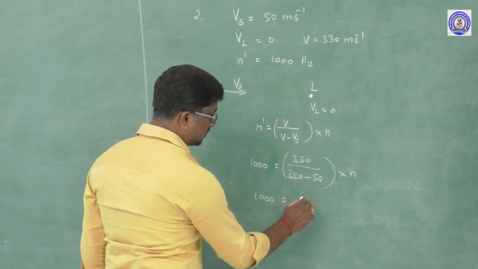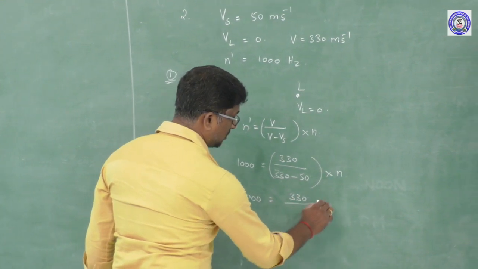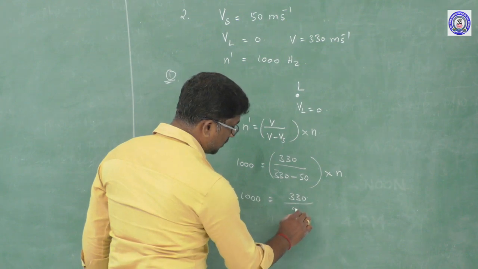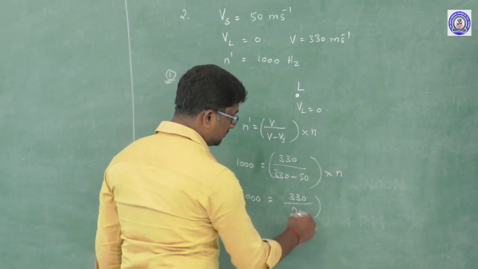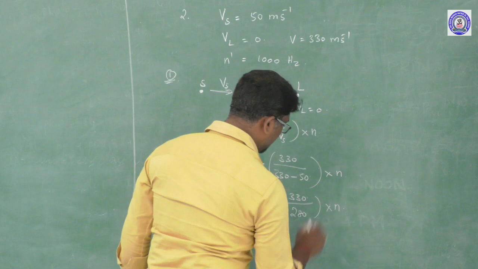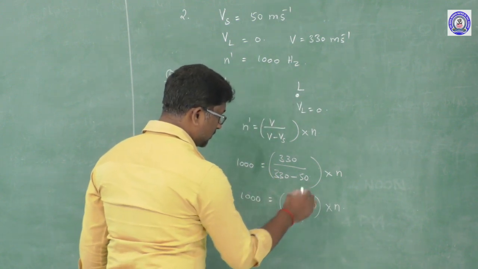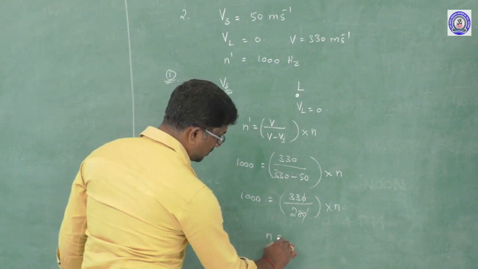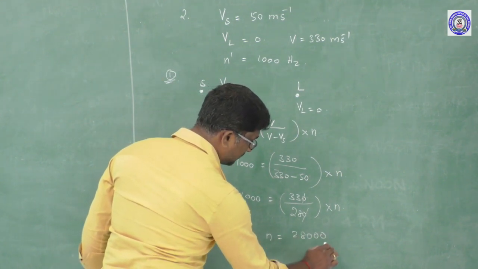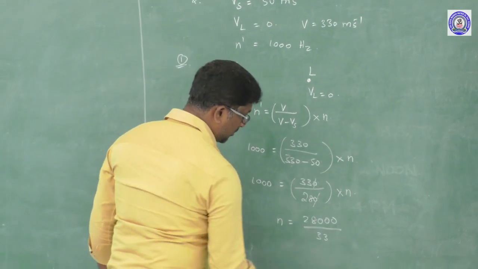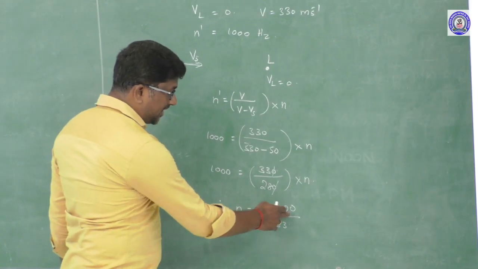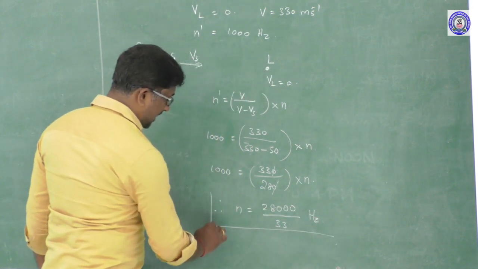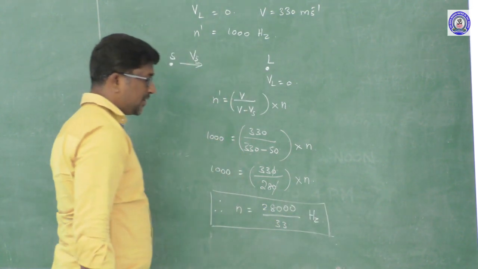Then 1000 is equal to 330 divided by 330 minus 50, 280, into n. 0 cancels. Next 1000 into 28, 28,000, so n is equal to 28,000 divided by 33 Hz. So this is the actual or original frequency.